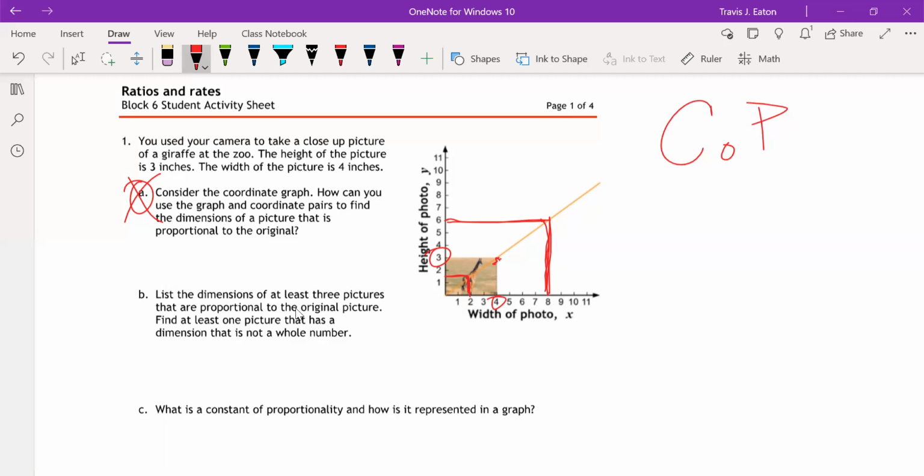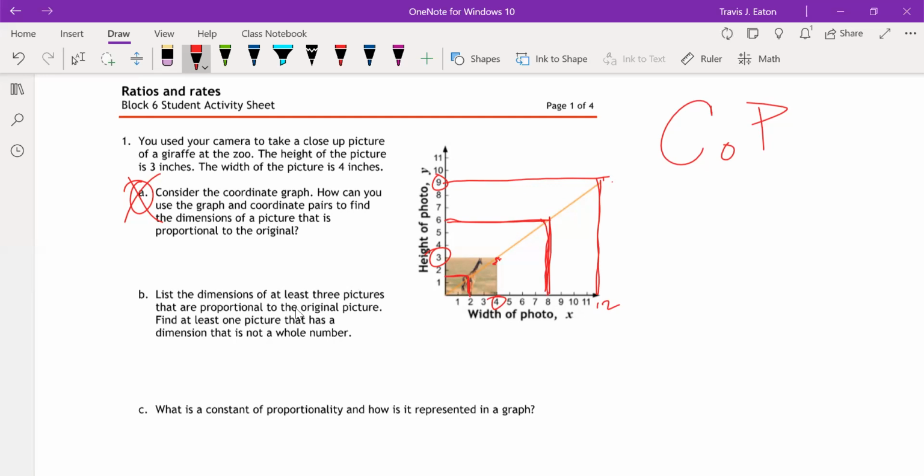Now let's see, 3 and then 6, 1.5. Well, I doubled it. I cut it in half. If I multiplied by 3, I could make it 9 inches tall, but then I would need it to be 12 inches wide in order to stay on that line.